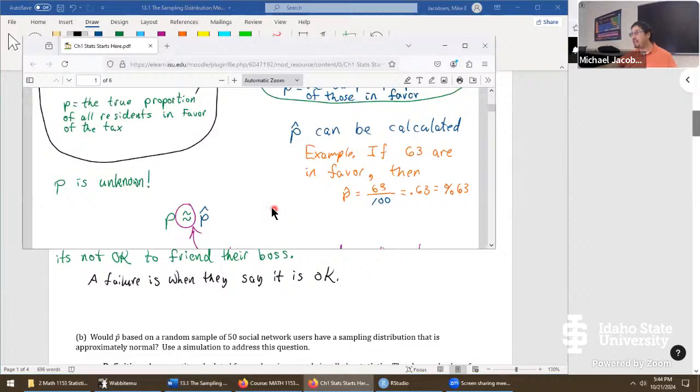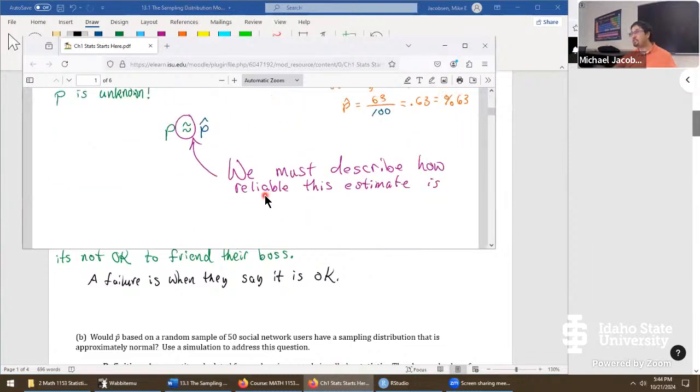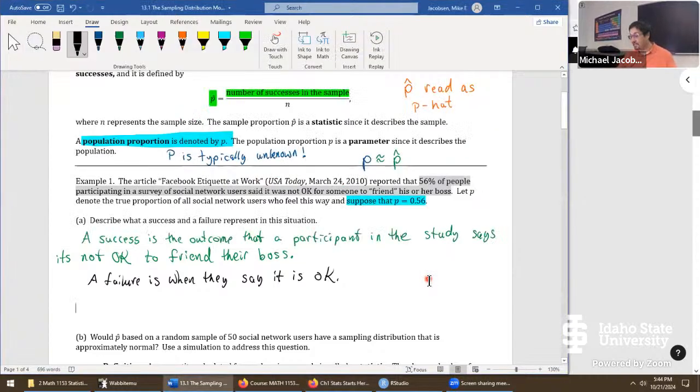We had a lot to say about that. We said we have to describe how reliable that estimate really is in the first place. And then when we were in chapter 12, we said the hint at that is we use probabilities. So this is where probability is kind of just injecting itself right back into our statistical work.